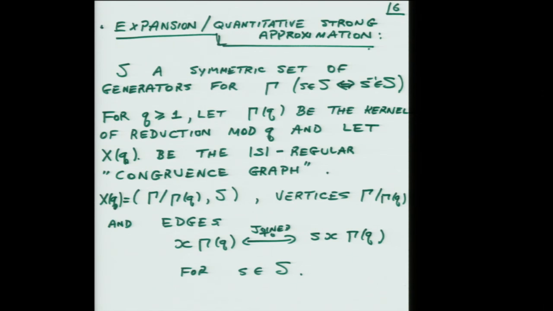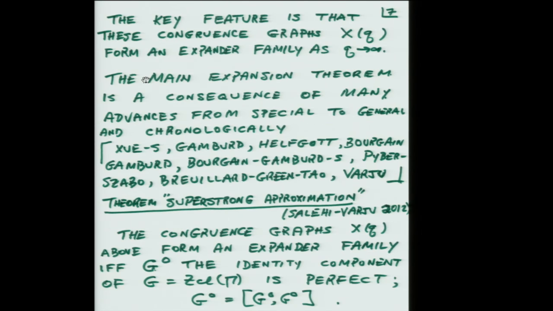And I want these graphs to be an expander family, and I think Alireza sort of defined an expander this morning, and probably you all know what it is. But it's a remnant of Ramanujan. It's spectral gap if you look at the nearest neighbor Laplacian. All right, so we want that to be an expander family.